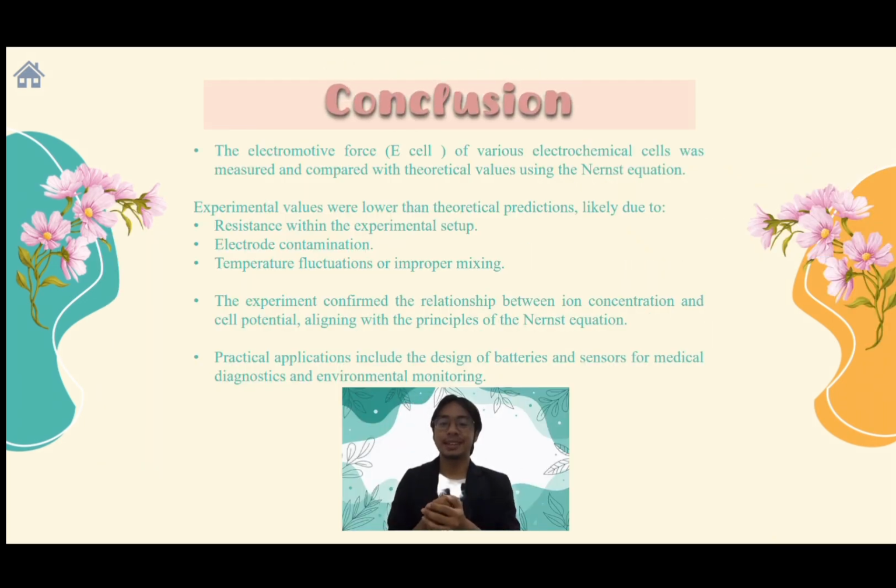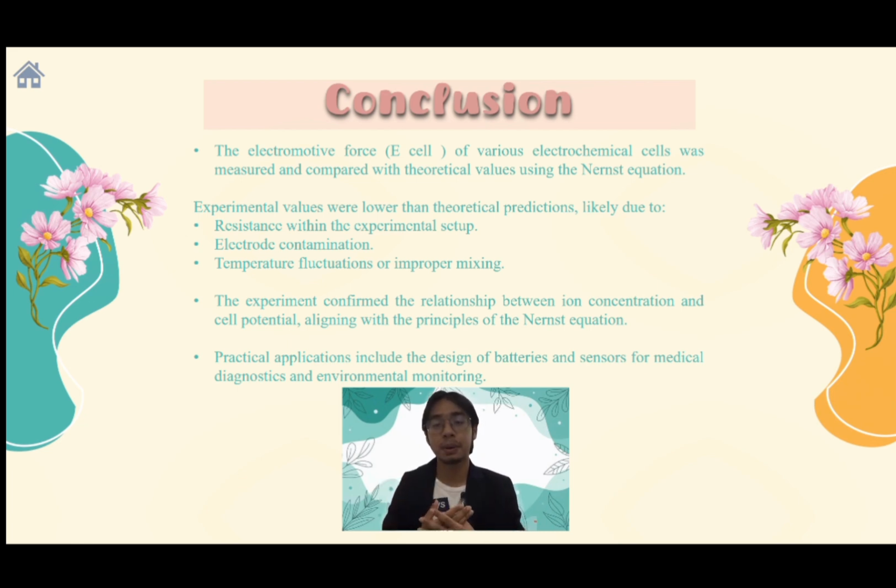In conclusion, the electromotive force E cell of the various electrochemical cells was measured and compared with the theoretical values calculated using the Nernst equation. Experimental values were observed to be lower than the theoretical prediction, likely due to the resistance within the experimental setup, electrode contamination, and temperature fluctuation or improper mixing.